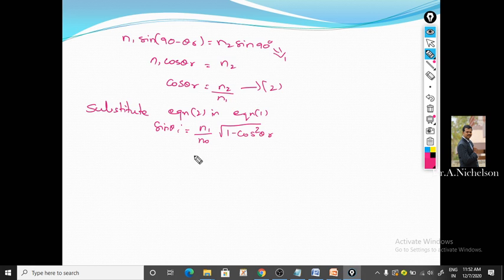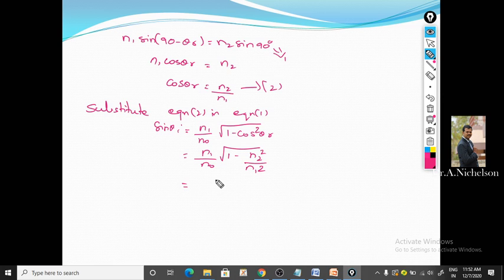Now you can write n1 by n0, and 1 minus cos square theta r, you can write it as n2 square by n1 square.